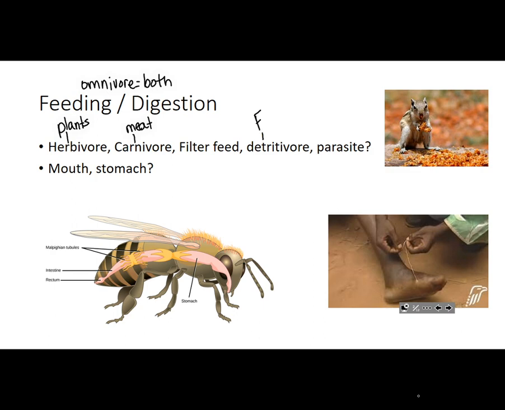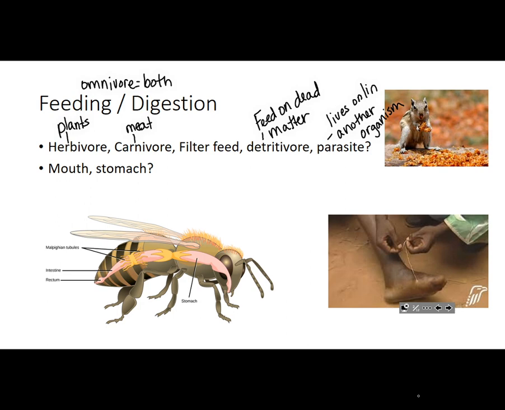It's feeding on dead matter, a lot of times organic matter, so a lot of times it's like dead leaves, that kind of thing. And then lastly, a parasite lives on or in another organism. All right, so we'll see a bunch of these. We'll see all of these as we get going here.